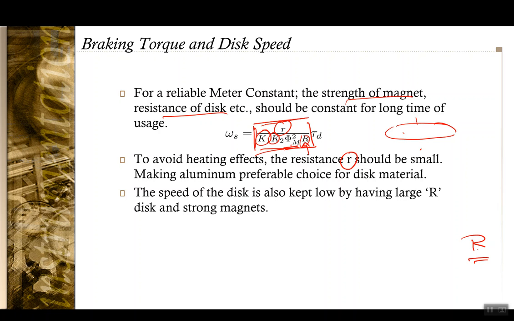If you keep omega low, so the meter constant is low, that is also helpful in minimizing errors caused by friction.